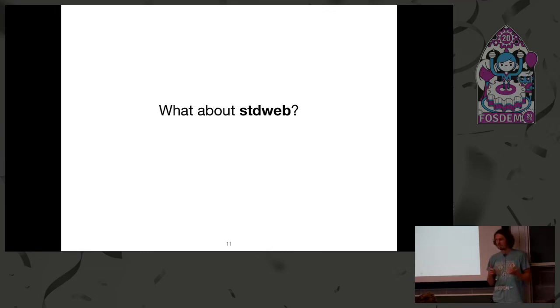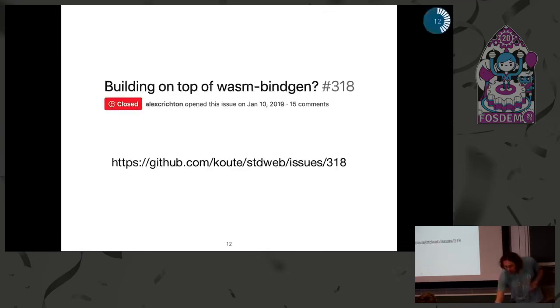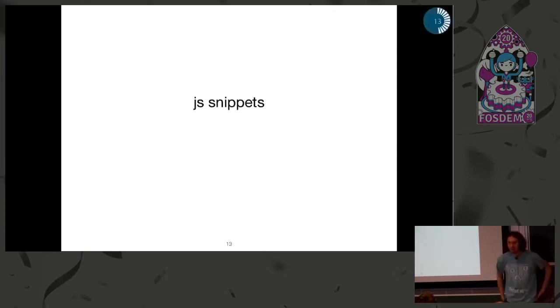But what if instead we could just build them together and use both of them without rewriting anything? It was a suggestion to do this. It required some changes to wasm-bindgen itself. One of the most noticeable changes was snippets.